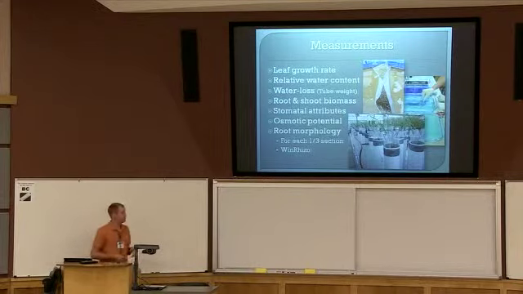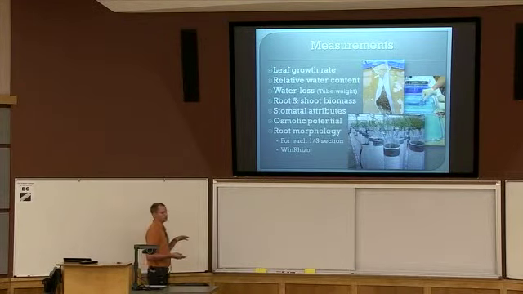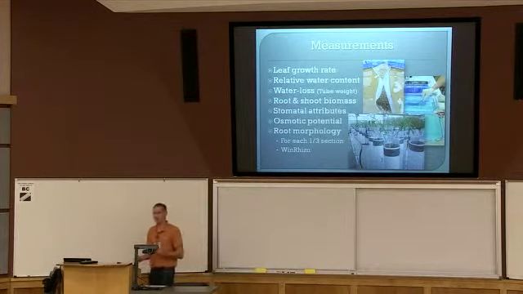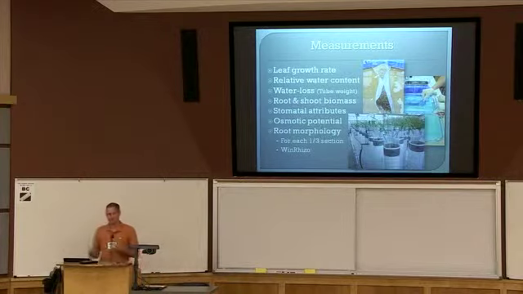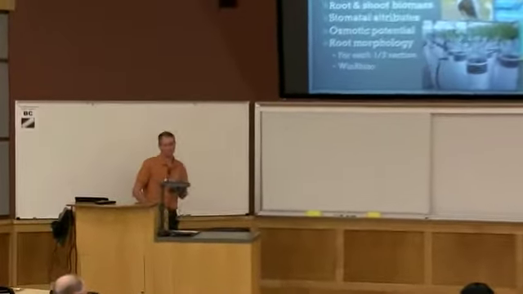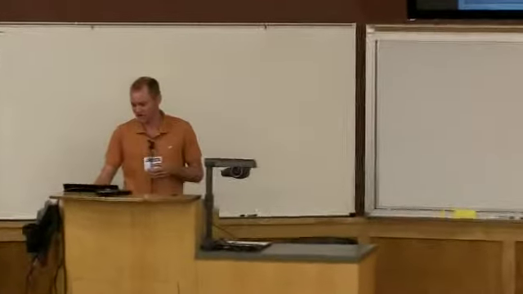And to do that, we separated the roots in these tubes into thirds, the top, middle, and bottom third of those tubes, and analyzed the roots within each section with this software program called WinRhizo.